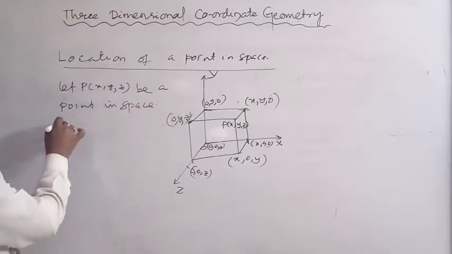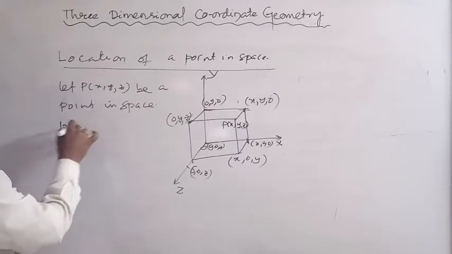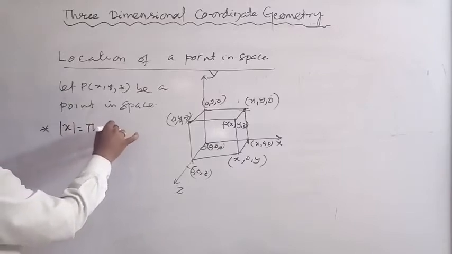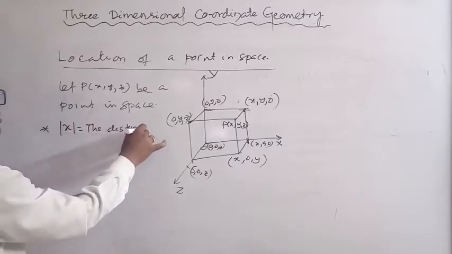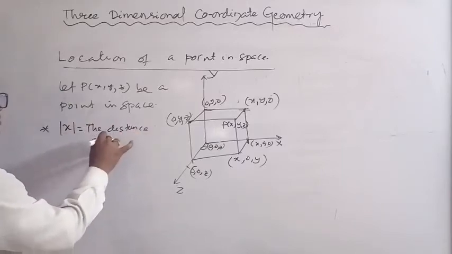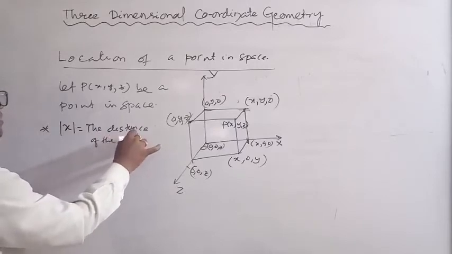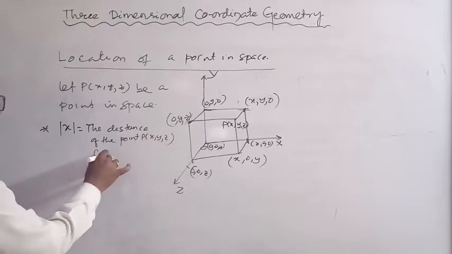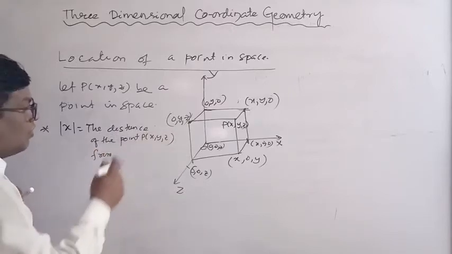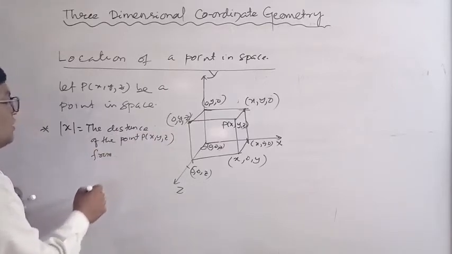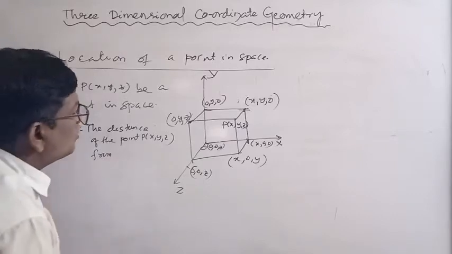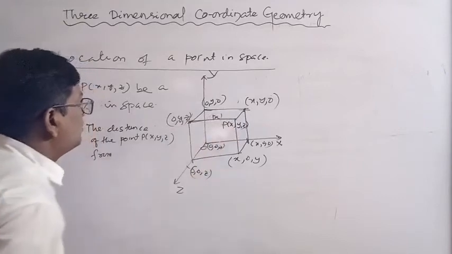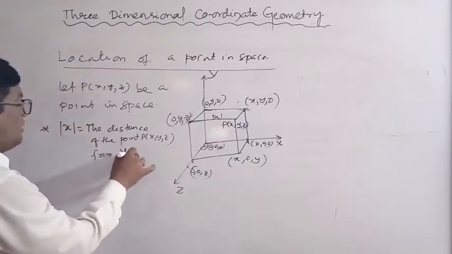Mod x is equal to the distance of the point P of x, y, z from the yz plane. Clear?